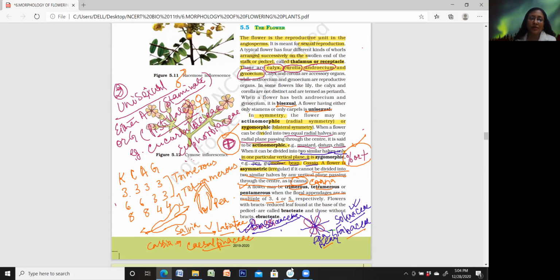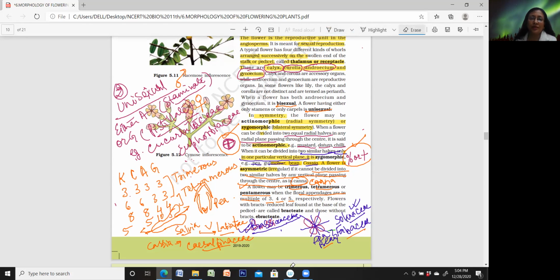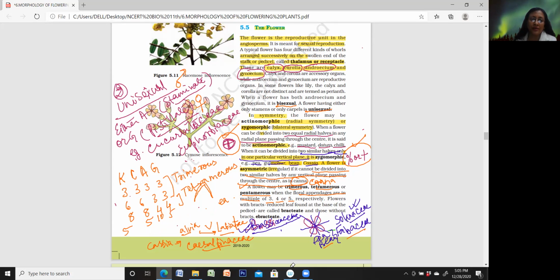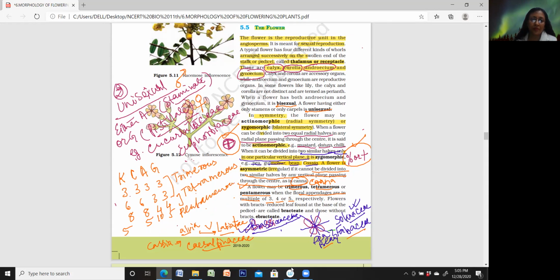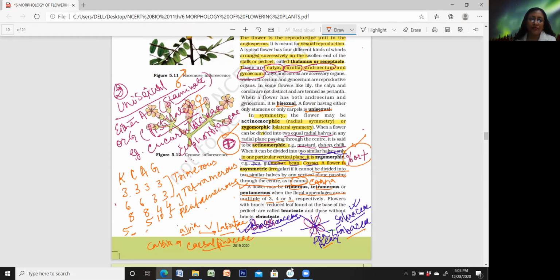And so on, if I find all as 5, or I may find one as 10 and the rest as 5, and still I'll call this condition pentamerous. Why? Because I find K5, C5, androecium stamens 10, and gynoecium 5, pentacarpellary. So I'll call this pentamerous. This is the meaning of this.